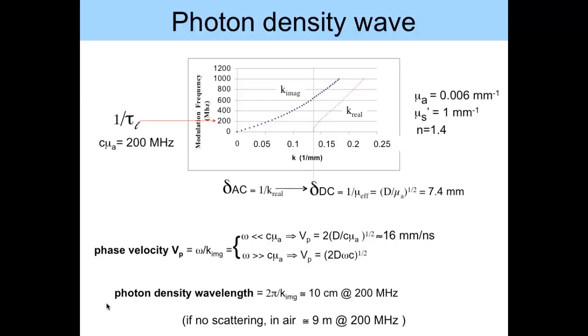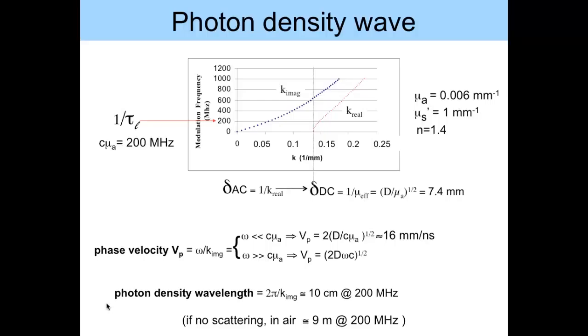And we describe the amplitude in terms of the real component of the wave number. And as we go to higher and higher frequencies, ki and kr get closer and closer together, or approximately the same. And as we go to lower and lower frequencies, you see that the phase actually becomes linear with frequency at low frequencies and nonlinear at high frequencies. And the amplitude, the kr, just drops off. And the limiting factor in kr is the DC penetration depth.